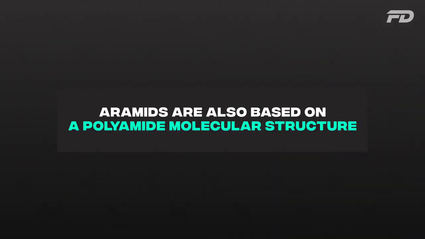There are also other types of polyamides that are used in the textile space, like aramids. An aramid fabric is based on a polyamide construction. However, it's not a popular textile due to its very specific nature and use. Where is aramid fabric used?